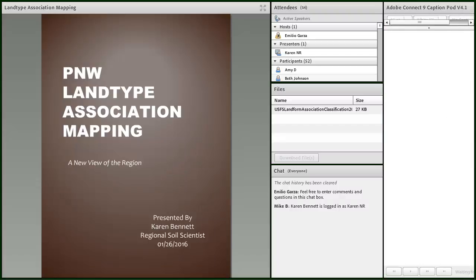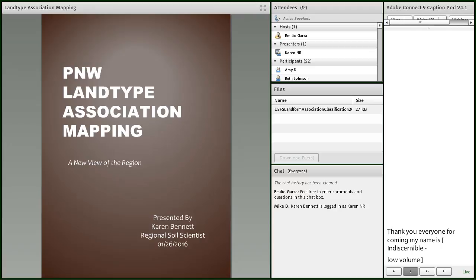My name is Karen Bennett. I'm the regional soil scientist for Region 6 for 3 more days. So this is the accumulation of many years of work, and I really wanted to share it with my colleagues here in the regional office and folks out on the forest, although I'll get another chance to share it with them as well.